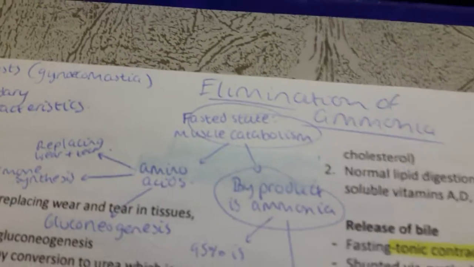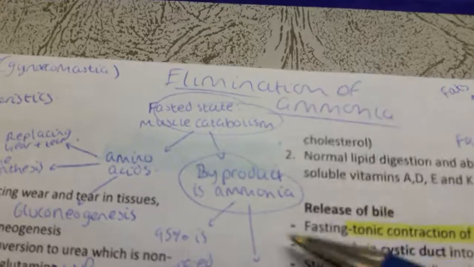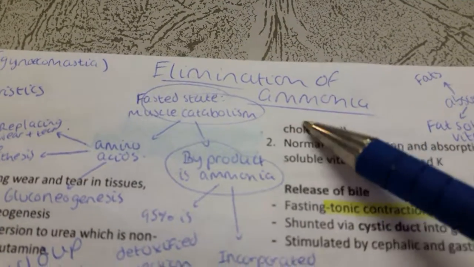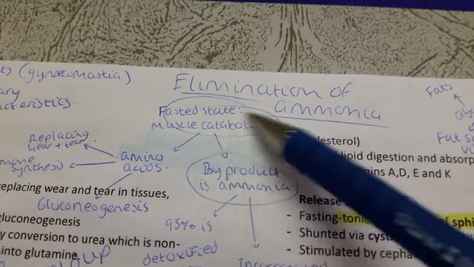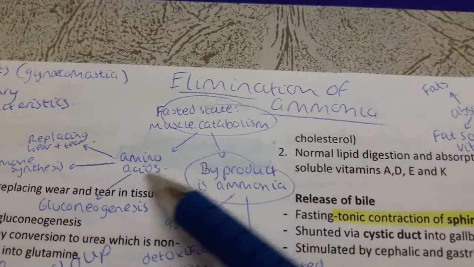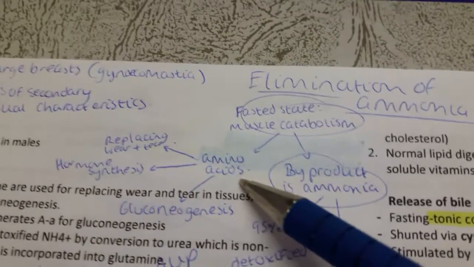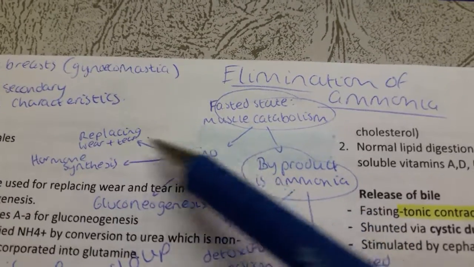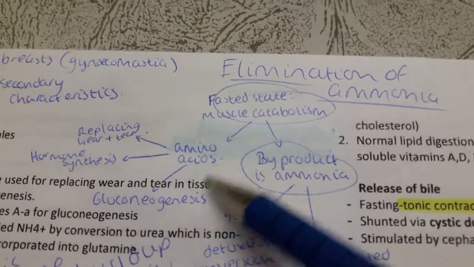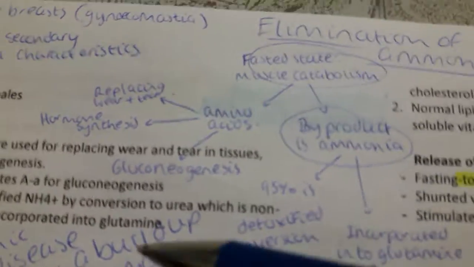HS 3.5: another one of the detoxification functions of the liver is the elimination of ammonia. So where does ammonia come from? Well, when you're in the fasted state and you use your muscles, the catabolism of the muscles produces amino acids, which are useful because they replace wear and tear, for hormone synthesis, and for gluconeogenesis, they can be converted to glucose.